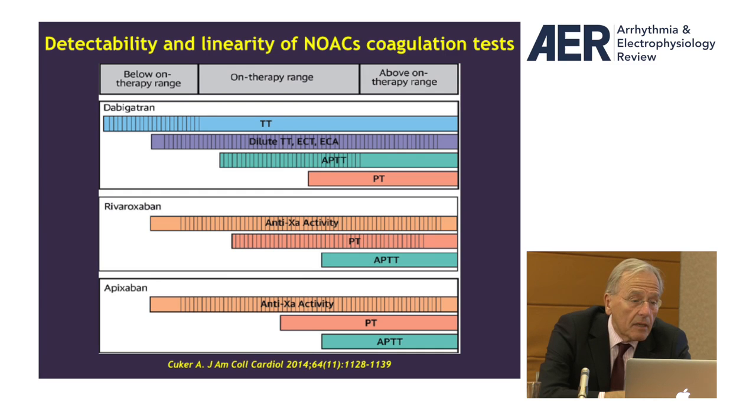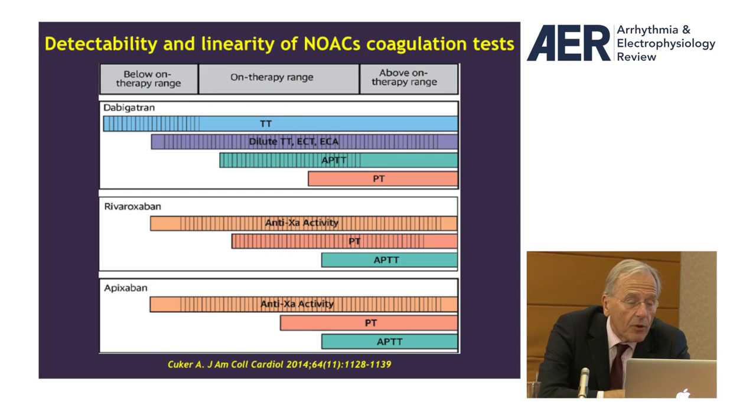There is an acceptable linearity, as I showed you already in my previous slide. So you may use APTT to estimate the activity of dabigatran in the plasma. Prothrombin time is not useful, since it can only be detected when the patient has too much dabigatran on board.